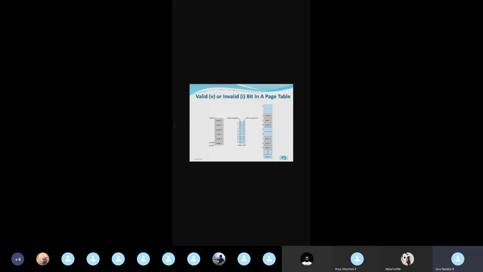In the physical memory we have those pages in the corresponding frames denoted by the page table. So for this purpose we use the valid or invalid bit. We can only allocate frames for as many pages as the process has. If we try to access pages that do not exist, it will be flagged invalid, so it leads to a trap generation.